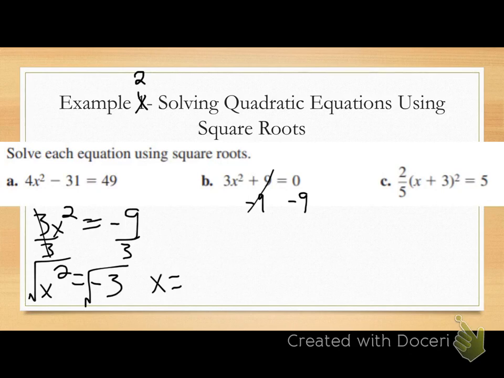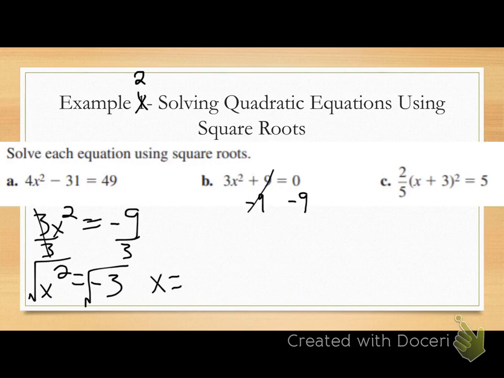No. Well, it could be a decimal, right? But it's a negative under my radical, correct? I'm looking for a number times its exact self. So either a positive times a positive or a negative times a negative, correct?